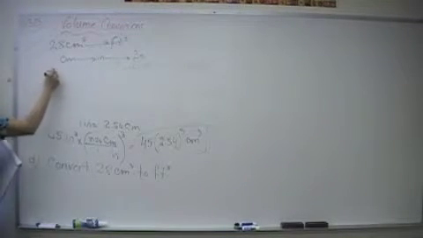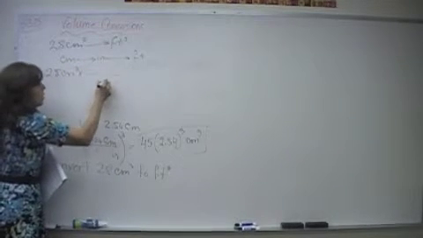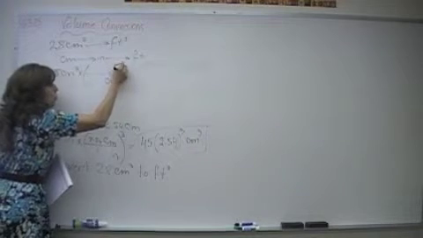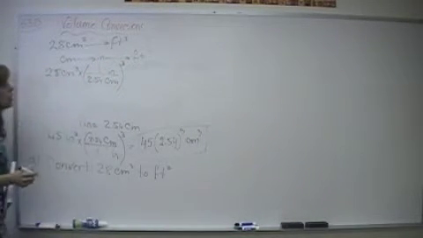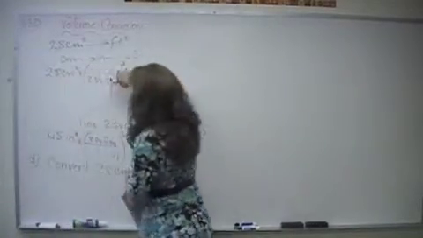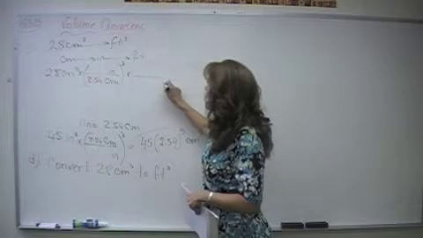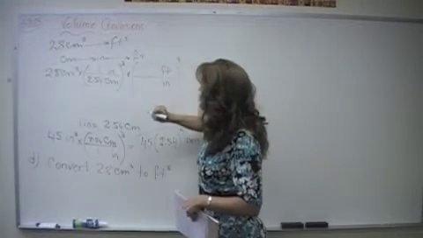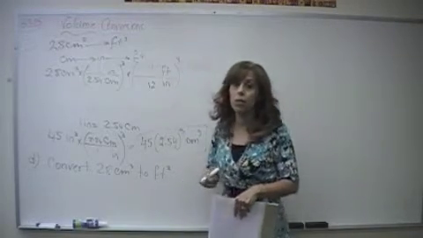We're going to start with 28 centimeter cubed times, centimeter goes here, inch up, everything cubed. 1 inch is 2.54. Then we need to go from inches to feet. Inches here, so the inch goes down, ft here, and here's your cubed. We have 12 inches in a foot.